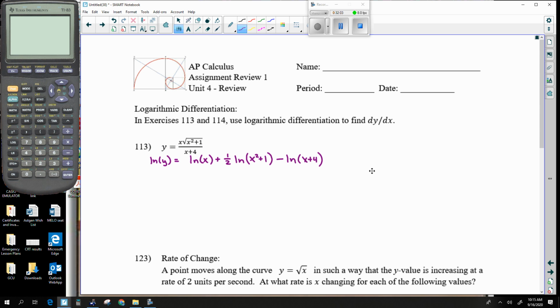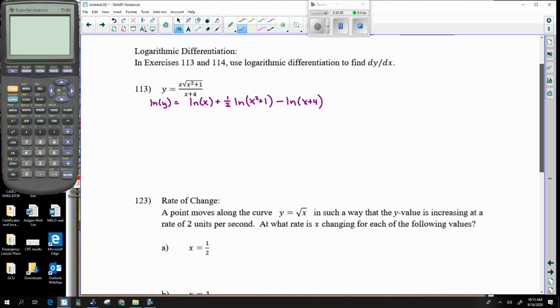All right, so now we're trying to find dy dx. So think of this as an implicit differentiation. The derivative of an ln is 1 over that, and then don't forget the chain rule, so it'd be times f prime. So that's the idea of a derivative of a ln.